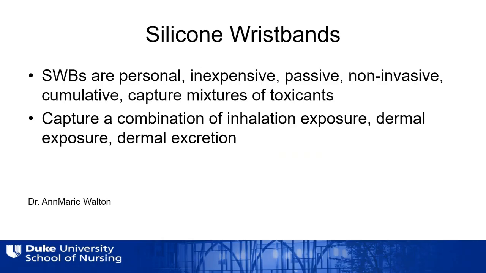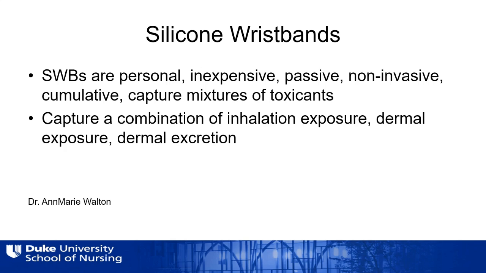We just added a module on silicone wristbands, and this was recorded by Dr. Anne-Marie Walton. Silicone wristbands are being used a little bit more often these days, a lot in occupational exposures, but also in other personal exposures. They are able to determine personal exposures, and are inexpensive, passive, and non-invasive.